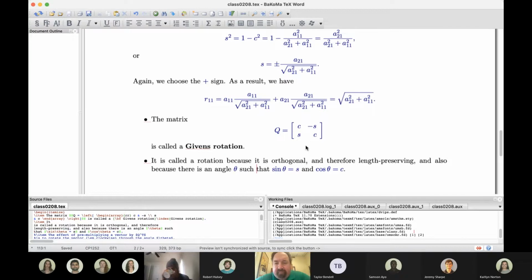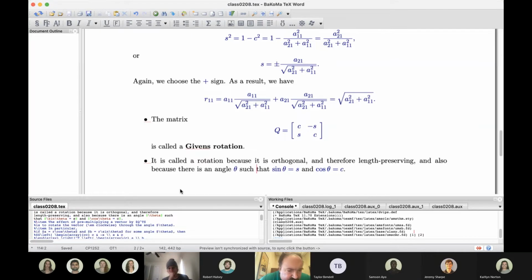It takes whatever point you multiply, like if you multiply this by any two-dimensional vector, it will rotate it through the angle theta. Now, if you multiply by Q, it will rotate clockwise. If you multiply by Q transpose, which is the inverse, it'll rotate counterclockwise.